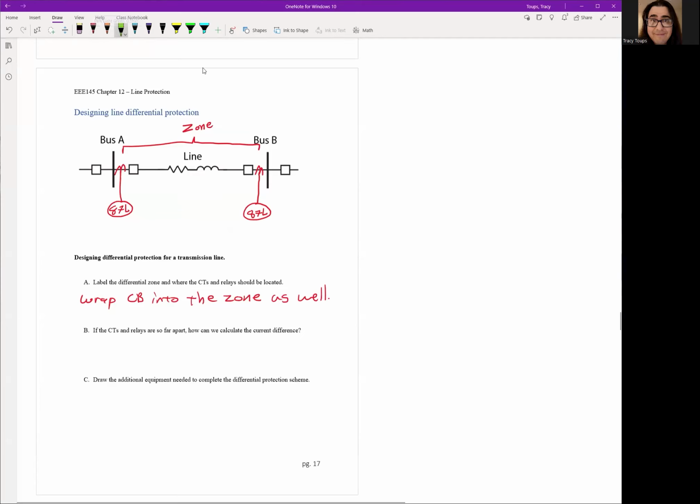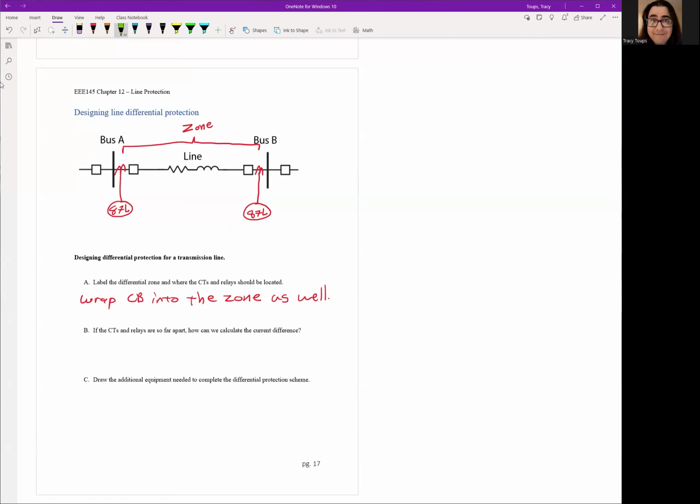Now, if the CTs and relays are so far apart, how can we calculate the current difference? Because remember, between substation A and B, this could be 50 miles apart. We can't just run hard wire for 50 miles easily. The voltage drop across 50 miles of copper wire is going to be too much.